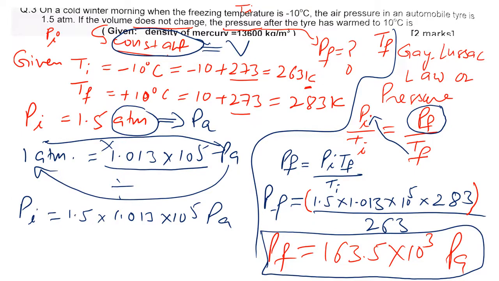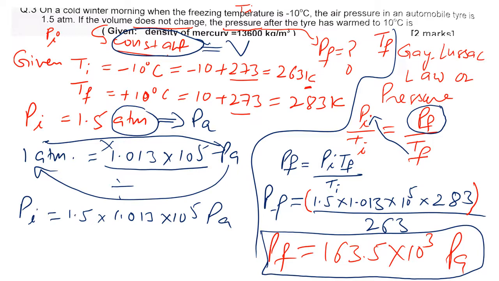So in this question, on a cold winter morning when the freezing temperature is minus 10 degrees centigrade, so this temperature is given here. The air pressure in the automobile tire is 1.5 atmosphere. So here the pressure value is given.